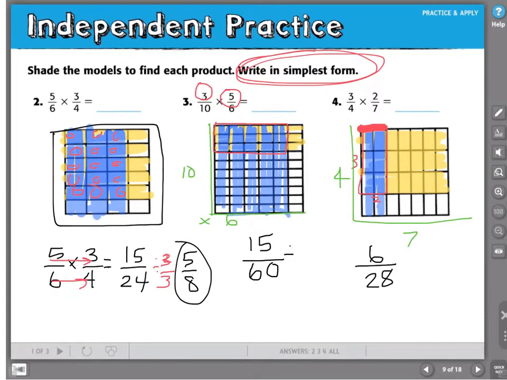Over here I know that both 15 and 60 can be divided by 15. My final answer is 1/4 over here. And over here, 6 and 28 both have a common factor of 2. That gives me 3/14.